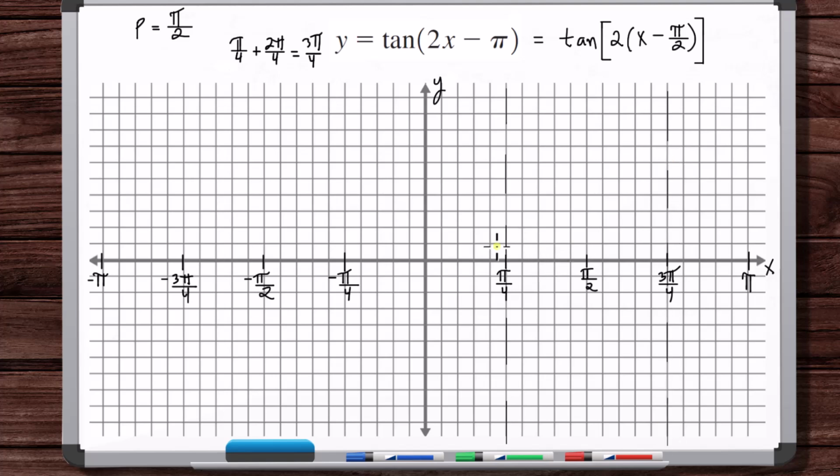Okay. So now within this interval, we're going to sketch the curve, and then just copy and paste it up and down the entire graph. So, okay. This is going to be a tangent, and it hasn't been flipped about the horizontal or vertical axis or anything.